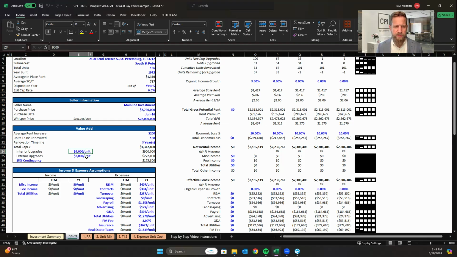And same with the exterior upgrades, 2,000 a unit. So the 2,000 a unit should cover things like landscaping improvements, exterior painting, so on and so forth. And if you really look at it, it's only $272,000, and it's not a lot. So my rule of thumb is you should be somewhere initially around 10% of the purchase price for your CapEx budget.